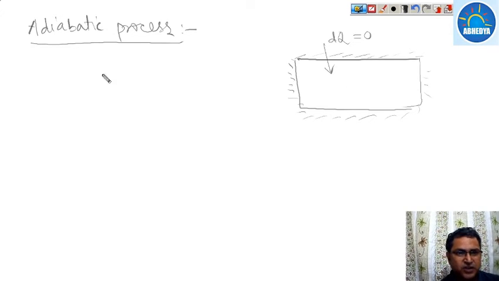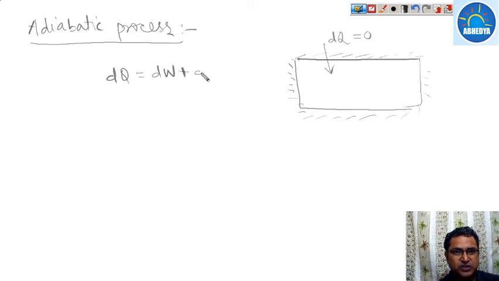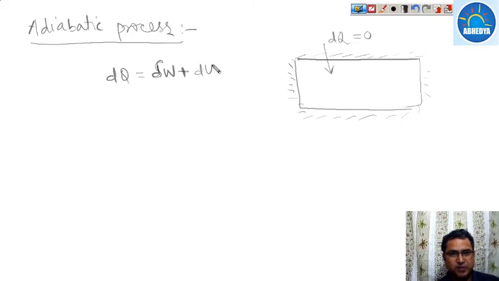According to the first law of thermodynamics, dq is equal to dw plus du, because du is a property and dw is a path function. But for the adiabatic process the dq value is equal to 0.